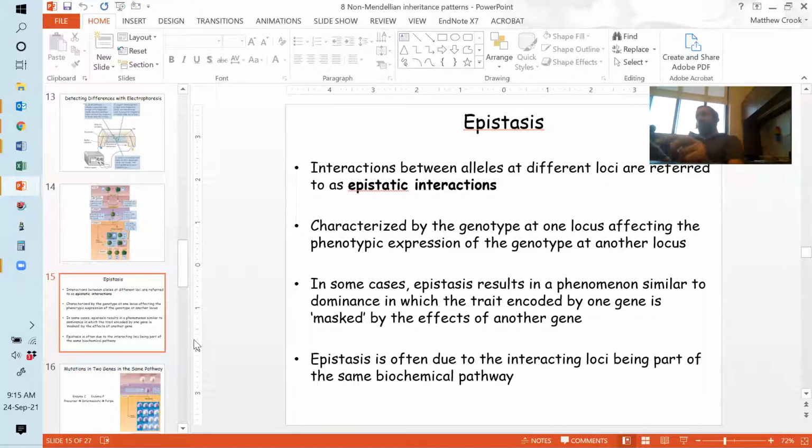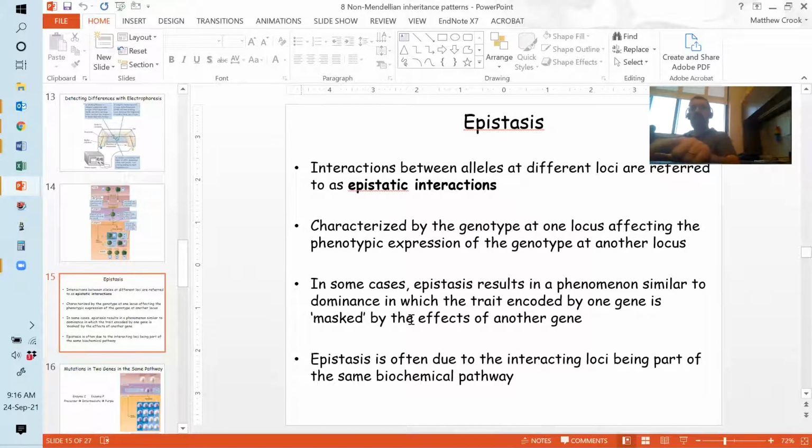And so essentially what this means is that you're not going to see some phenotype combinations. Also, if you do the classic dihybrid cross, so again, this is why it's important to understand the dihybrid cross, you will not get the classic 9 to 3 to 3 to 1 ratio.